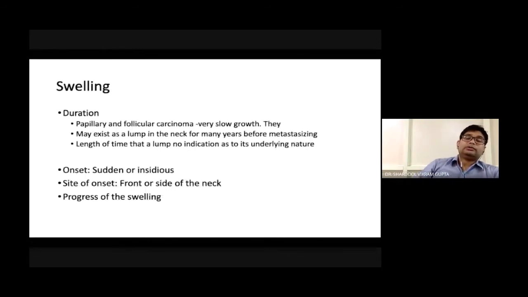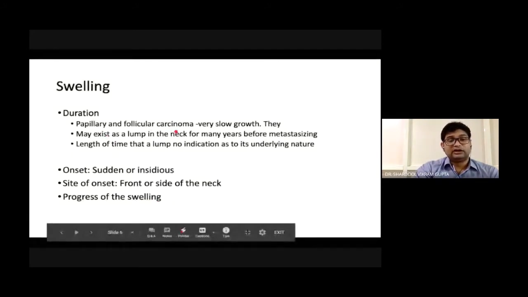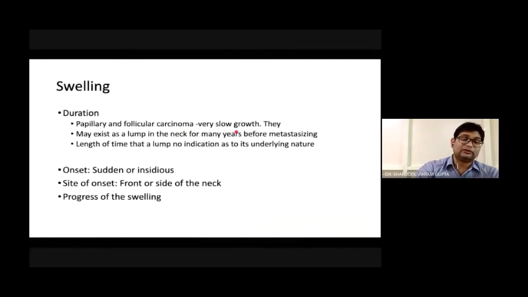Coming to the detailed history of the swelling, which usually presents in front of the neck, you must ask the duration. But as I mentioned, papillary and follicular carcinoma usually occur very slowly. The rate of growth is very slow, so they may exist as a lump in the neck for many years before metastasizing.